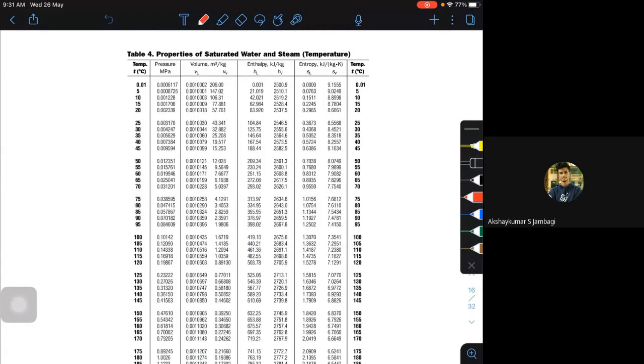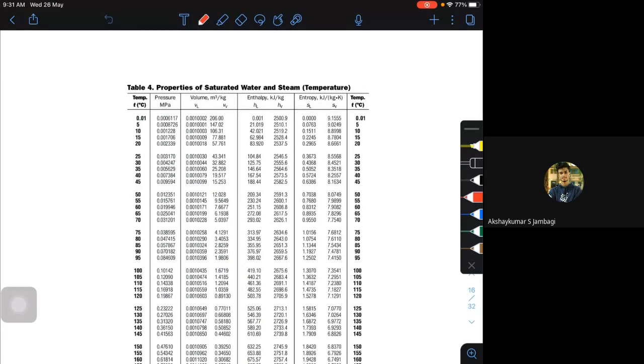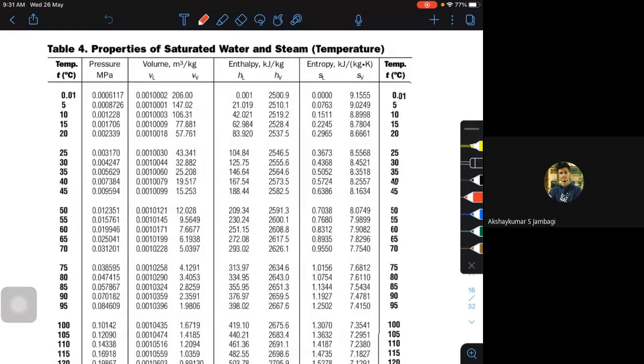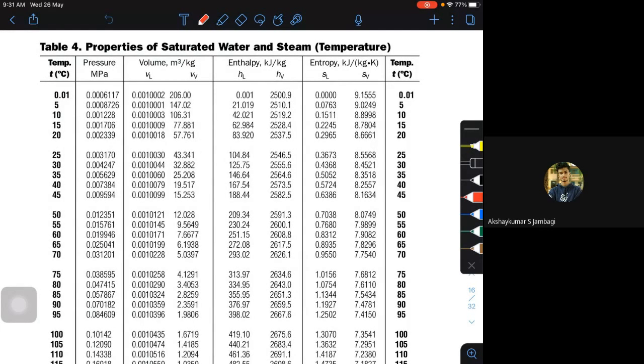This is the table based on temperature. The starting point of the temperature is your triple point. It doesn't start with 0 degrees Celsius. It starts with the triple point.